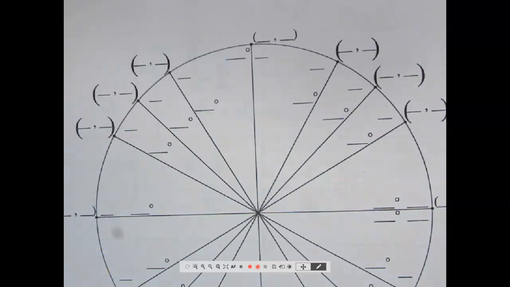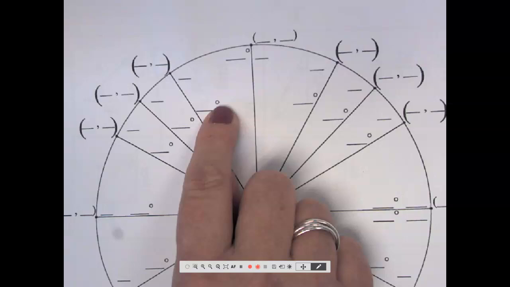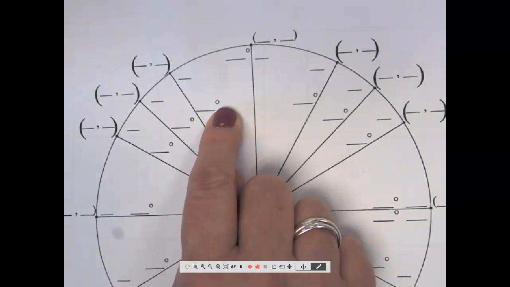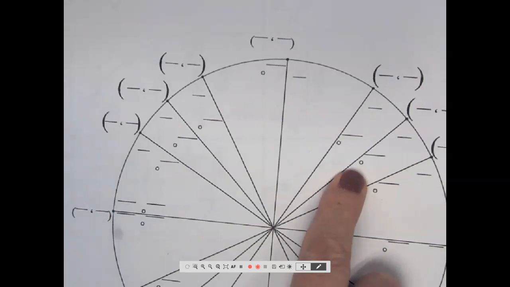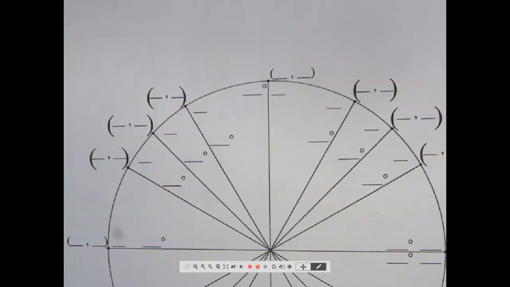Okay, so we've got these little tiny circles. Those are degree marks. So you want your paper arranged so that the degree is where it should be, not under the blank. Make sure that your paper is turned this way.